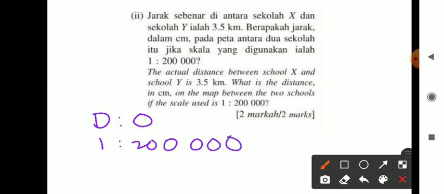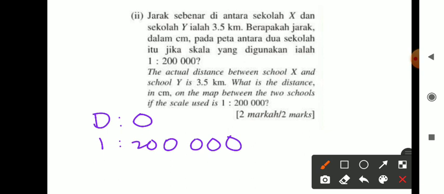For me, this topic is easier compared to chapter 1, chapter 3. Chapter 2 pun basic lah. But you have to remember itu micro, pico, nano. I think this chapter is easier. Saya rasa lah. So you don't have to worry.